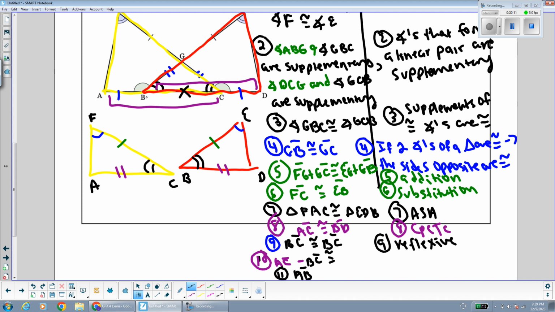And then we have DB, the long segment, take away BC, and that leaves us over with CD, which is the segment that we want. So where we're actually subtracting, that is subtraction postulate. And then this minus this is that, this minus this is that. So that would be substitution. So this was a long proof. This was 11 steps.